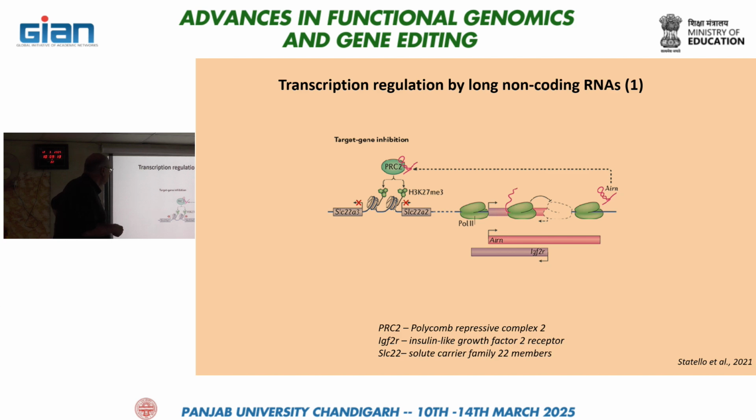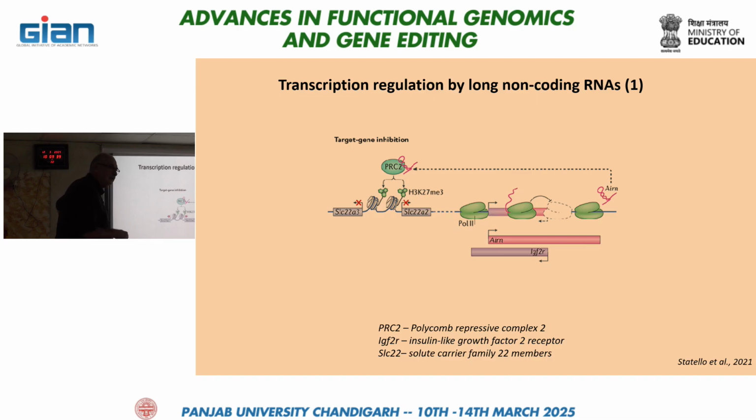This is target gene inhibition, and this is funny because one long non-coding RNA can block expression of one gene. This is the direction of long non-coding RNA transcription, and this is the gene.